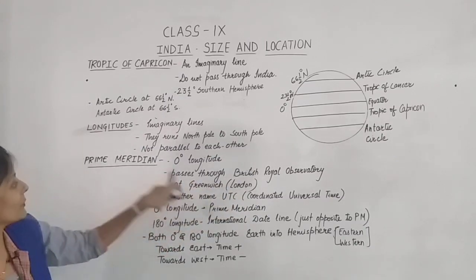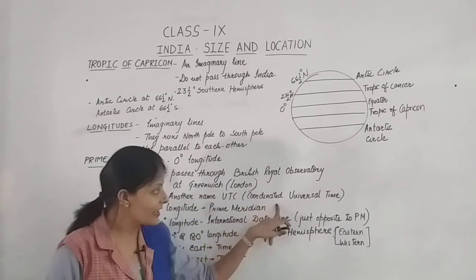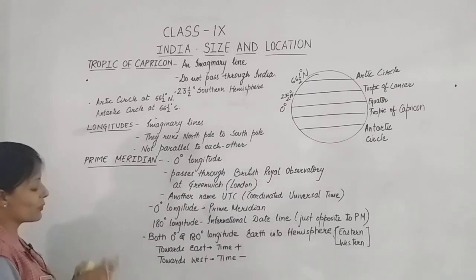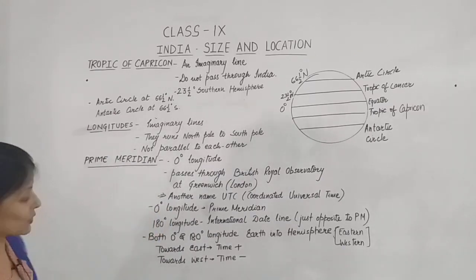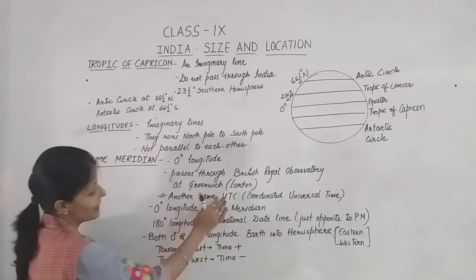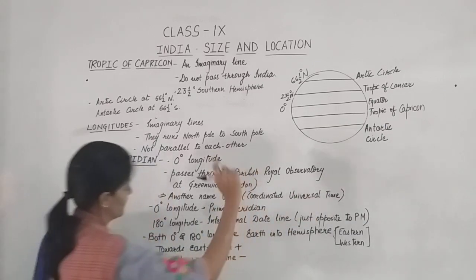Another name of the prime meridian is UTC, Coordinated Universal Time. I am repeating, this is the most important thing students. Mostly questions come in your GK questions. Another name of the prime meridian is UTC, Coordinated Universal Time.